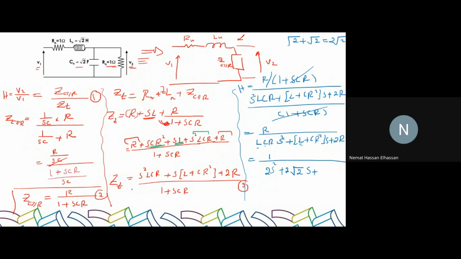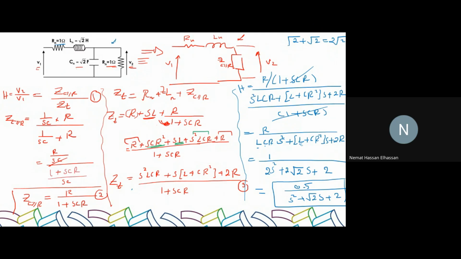R is 1, so 2R is 2. So can I take 2 as a common factor? So it becomes half, right? 1 over 2. So half is 0.5 divided by S squared plus square root 2 S plus 2, right? This is our transfer function.